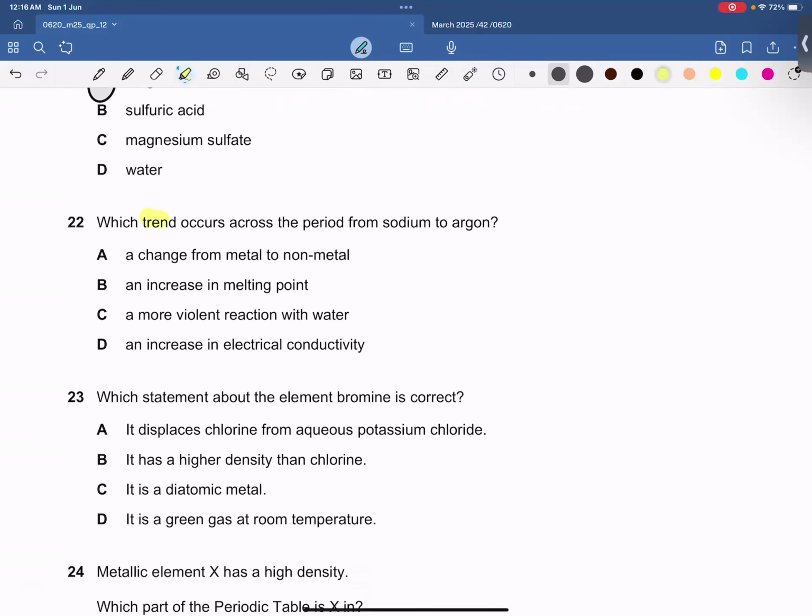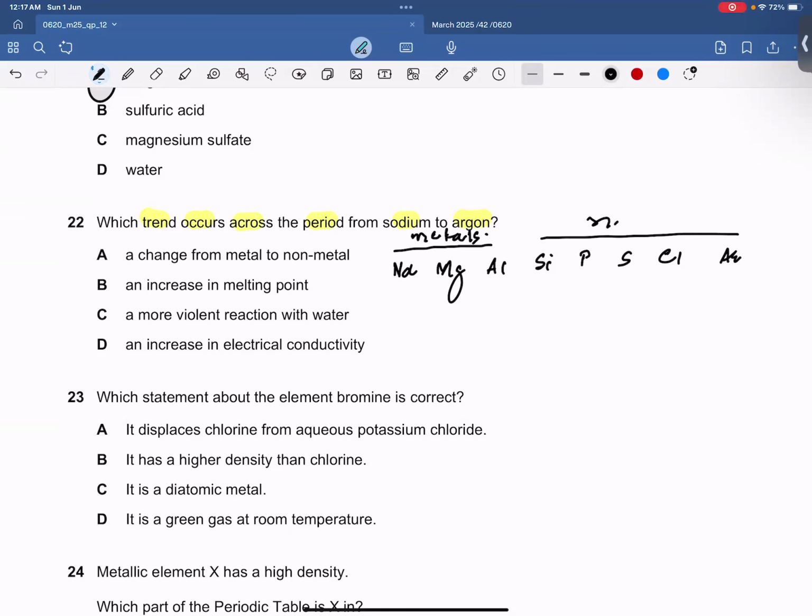Which trend occurs across the period from sodium to argon? By the way, sodium, magnesium, aluminum, silicon, phosphorus, sulfur, chlorine, and argon. These are the metals, and these are the non-metals.